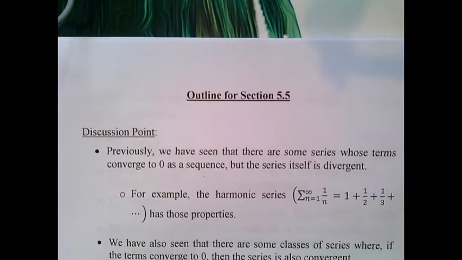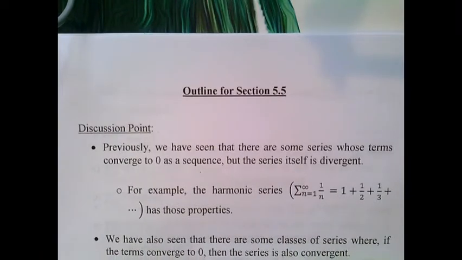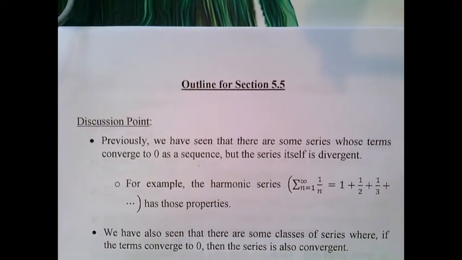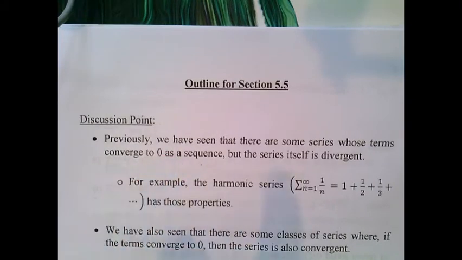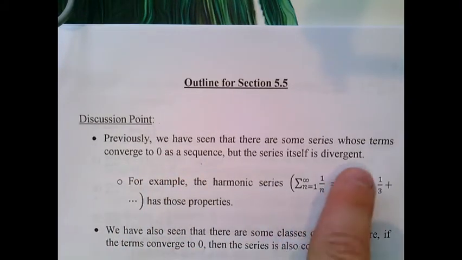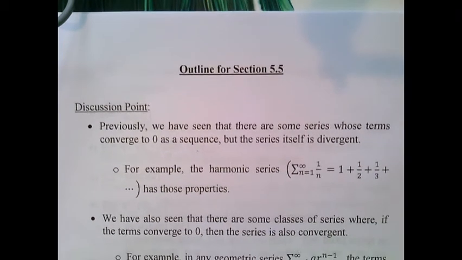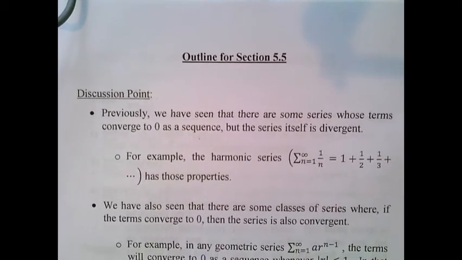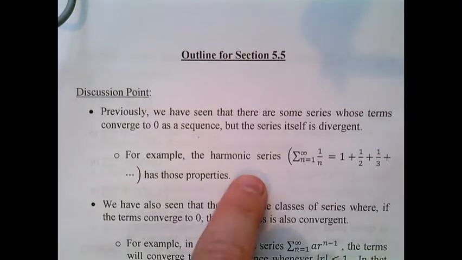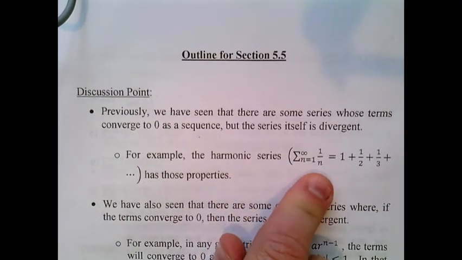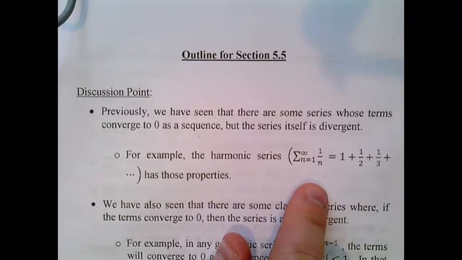Alright, so we're going to recap what we already know to set us up for what we're learning in this section. Previously, we've seen that there are some series whose terms converge to zero as a sequence, but the series itself is divergent. The first example we saw of that was the harmonic series, whose nth term is 1 over n.